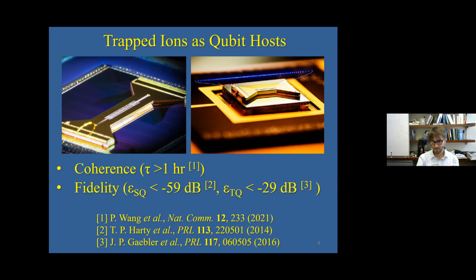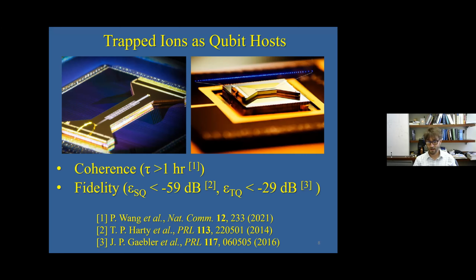So I'm going to switch this to errors in decibels. This is 10 log base 10 of the error. The single-qubit errors are about 6 nines of fidelity, minus 60 dB or so, for the best trapped ion demonstrations. 2-qubit gates are at about the 10 to the minus 3 level, about minus 30 decibels for that error.